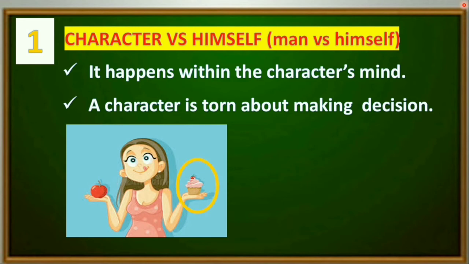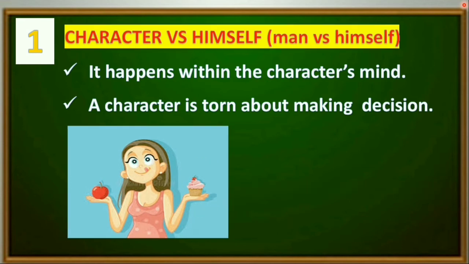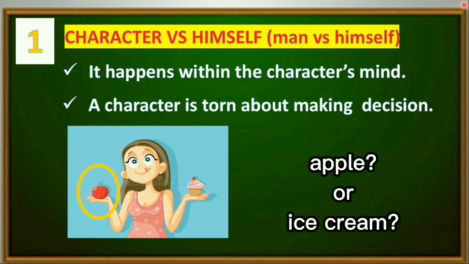If the girl chooses to eat the ice cream, well, I'm not saying that it's totally bad because of its high sugar content. Ice cream could actually stimulate creative thinking. So, the character here has to choose between the apple and the ice cream. This is therefore a good example of character versus himself.